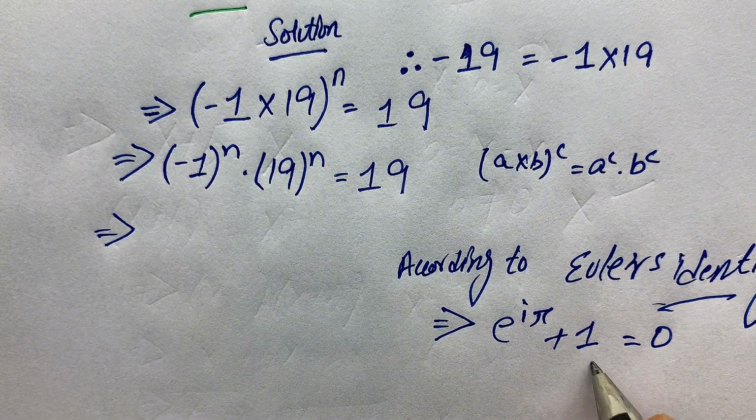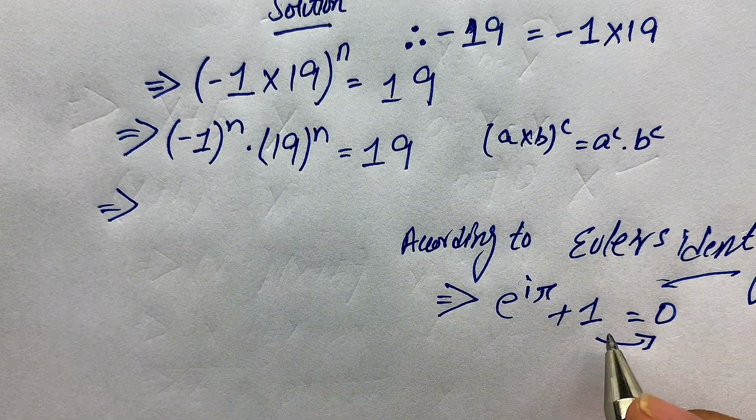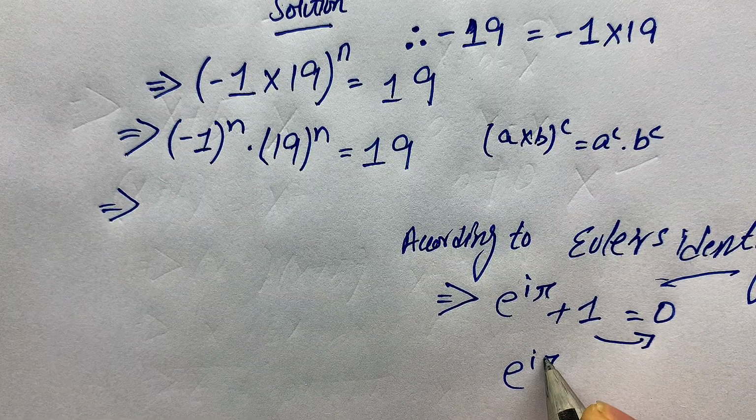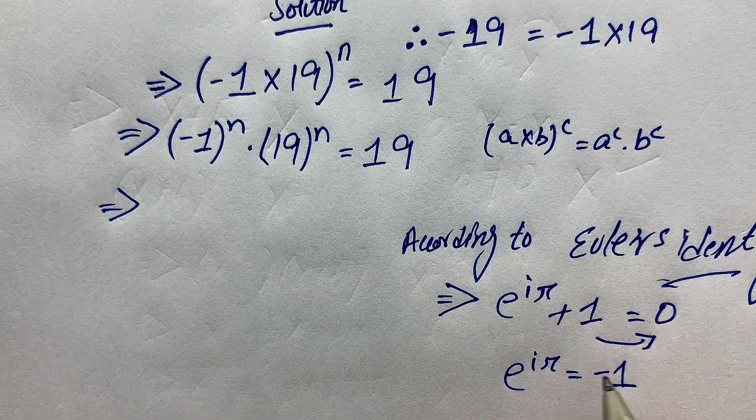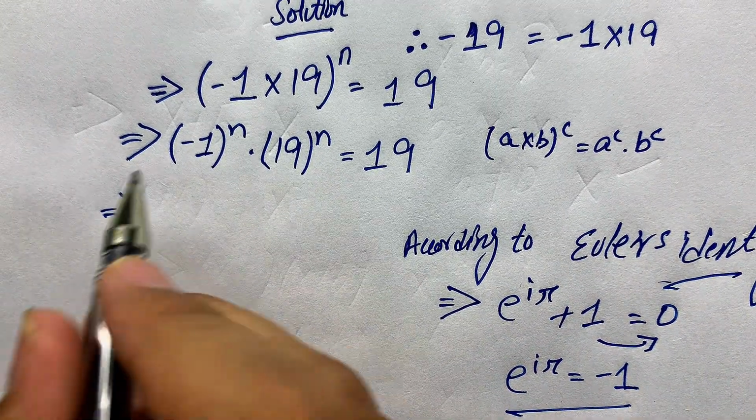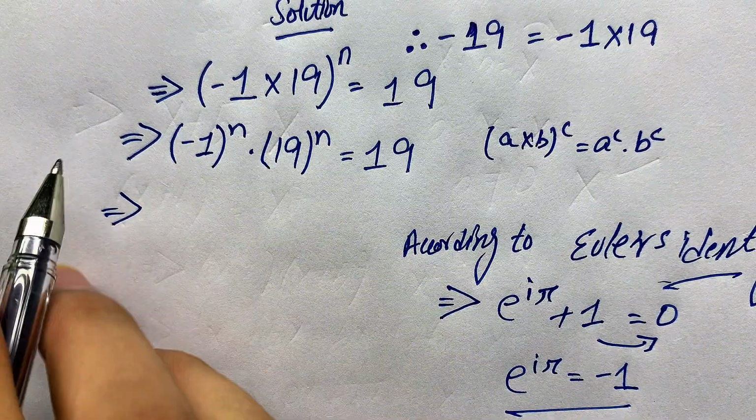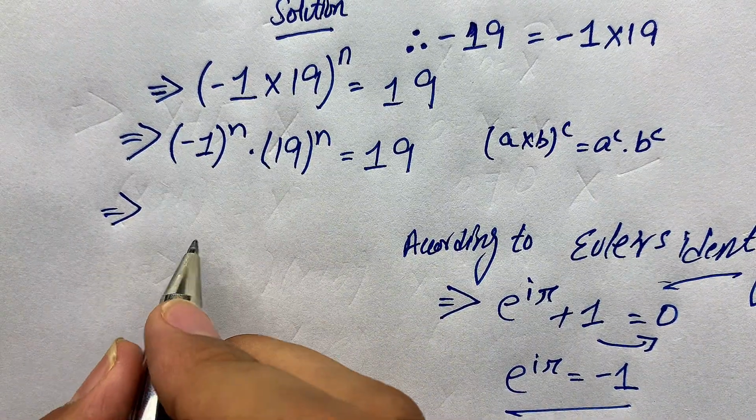And moving this 1 to the other side, e^(iπ) is equal to -1. So turn back to our solution.